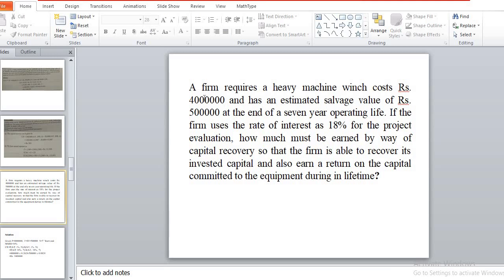So here the investment is given as 40 lakh, and the salvage value after the 7th year is 5 lakh. The interest rate is given as 18%. They ask how much we can earn by capital recovery so that the firm is able to recover its invested capital.